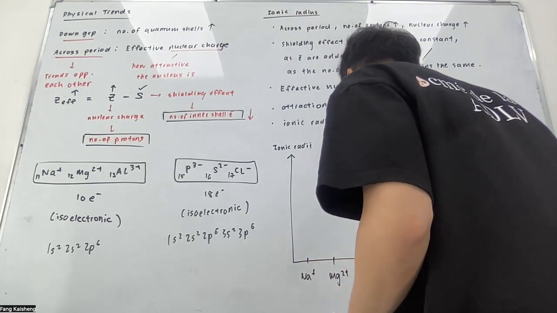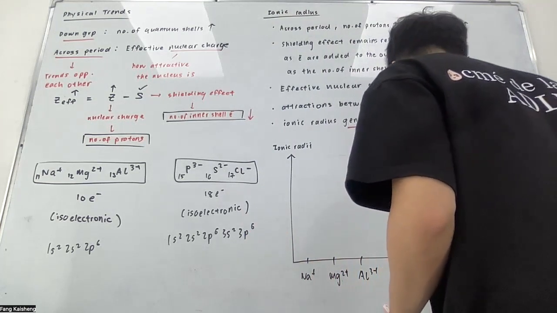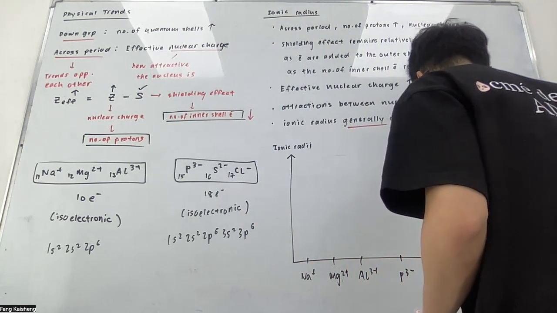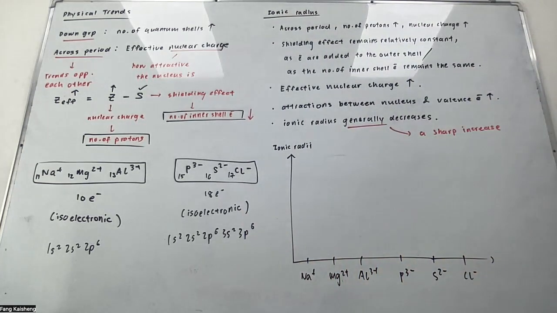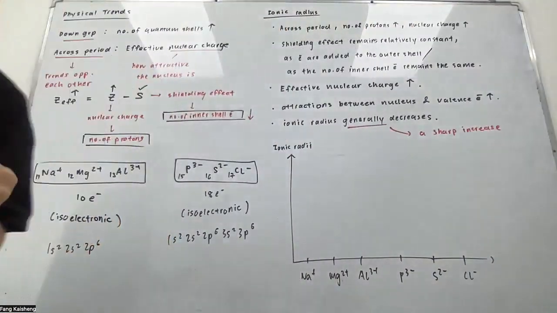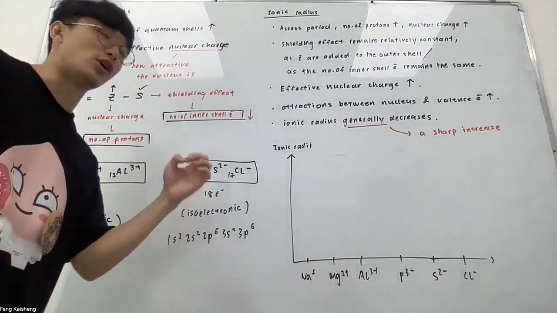Let's list everything down. Okay, something like this. Now let's see how we're going to explain this question. Your job over here is to plot the points on the graph.